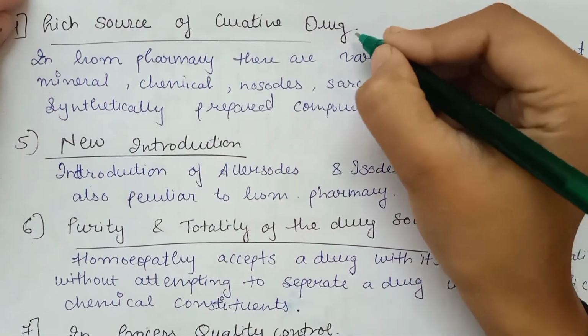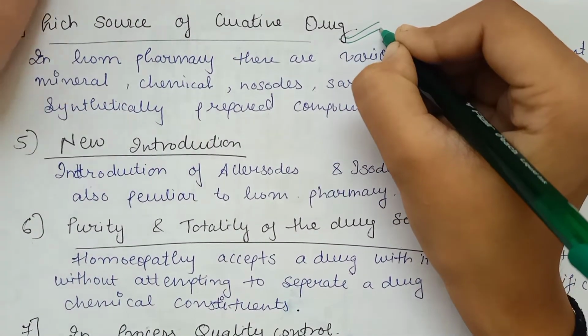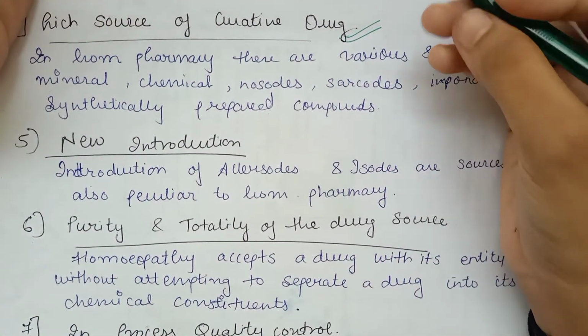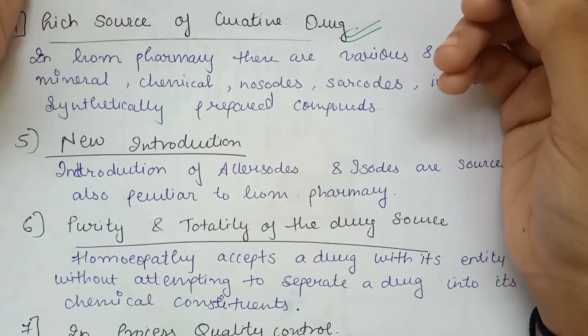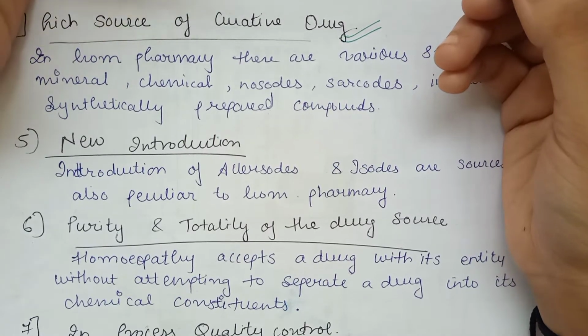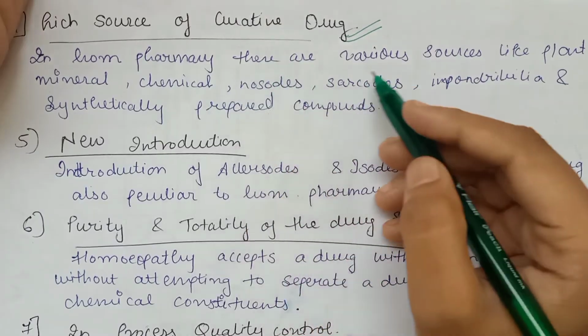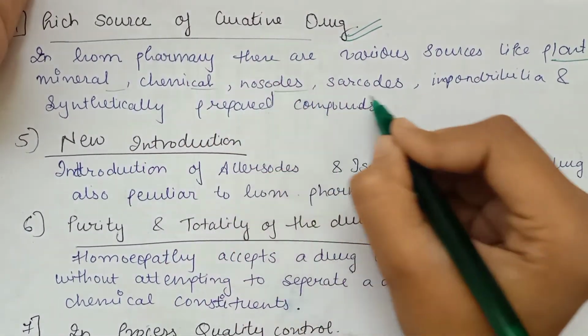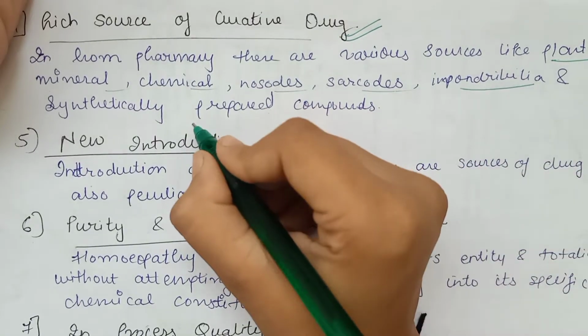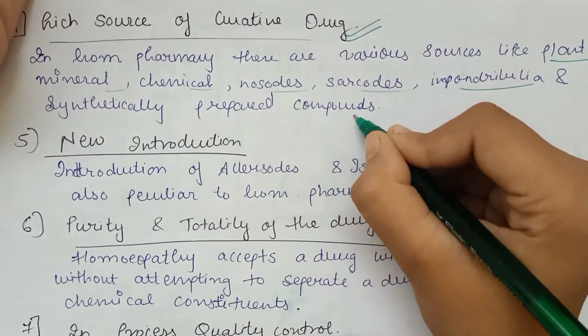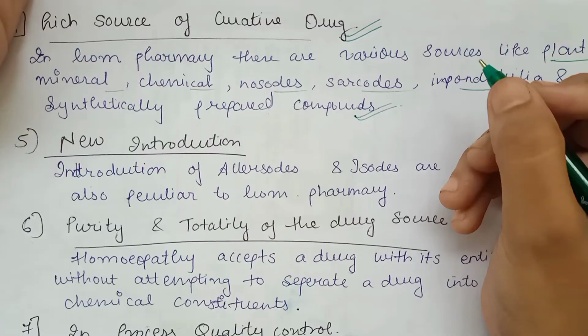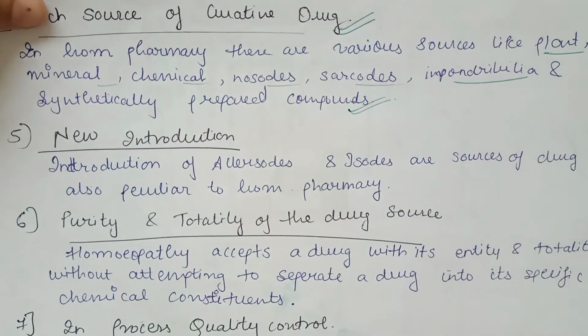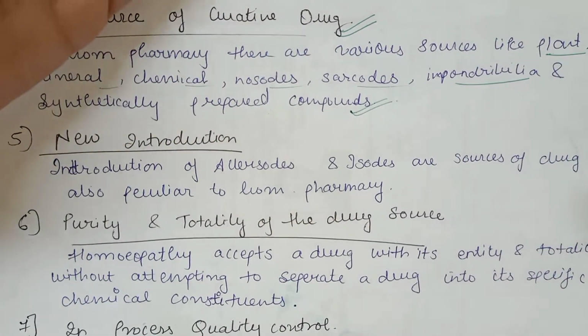Then we have a rich source of curative drugs, which means we have so many sources to make the medicine. Okay, which we study in sources of homeopathic drugs. Like in homeopathic pharmacy there are various sources like plant, animal, mineral, chemical, nosodes, sarcodes, imponderabilia, synthetically prepared compounds. Okay, so we have many sources to prepare our medicine or drug.